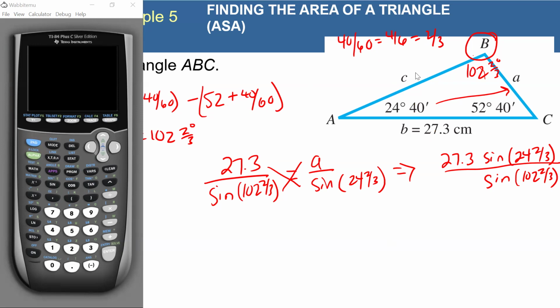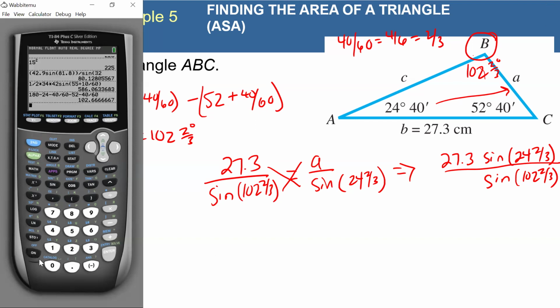Okay, so now we're going to cross multiply and divide. So when we cross multiply and divide, we get parentheses 27.3 times the sine of 24 and 2/3 divided by the sine of 102 and 2/3.